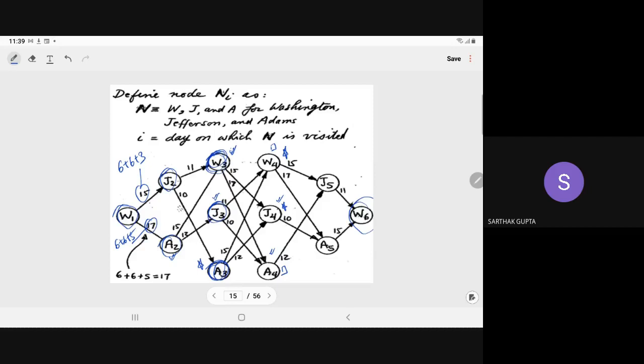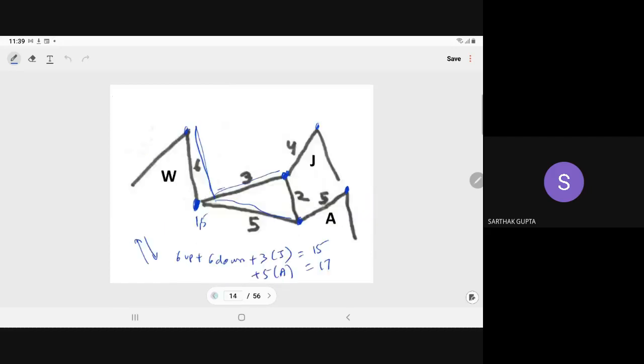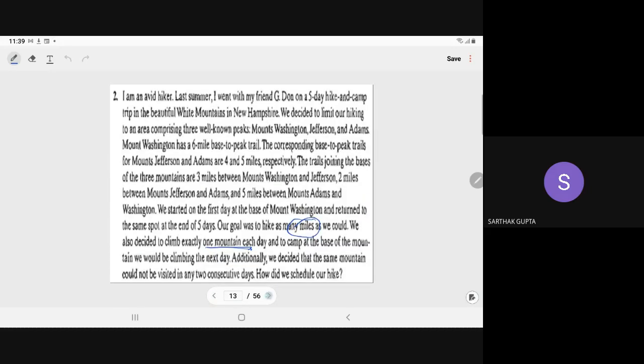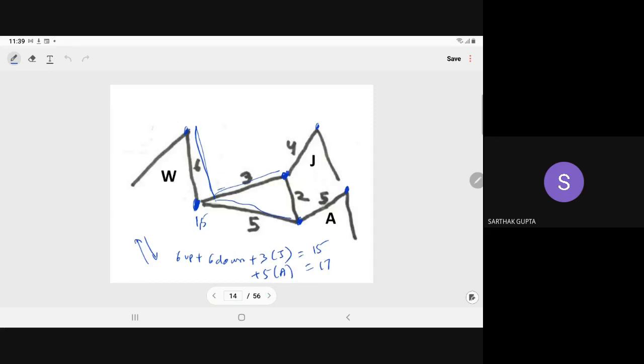Then on the second day, if you are visiting the Jefferson, Jefferson means 4 up, 4 down. Then either you go to Washington or you go to the Adams, right?